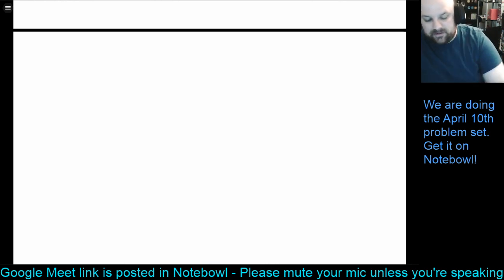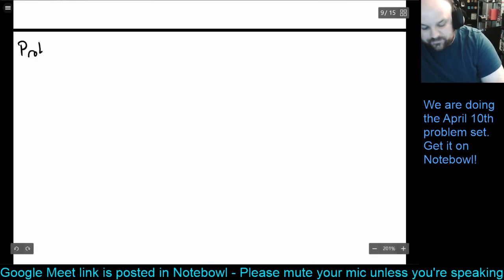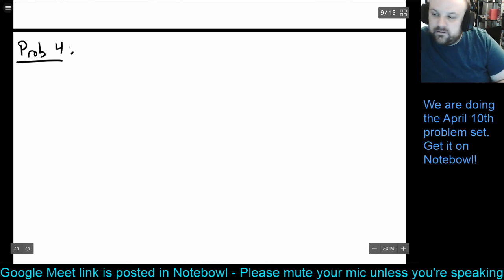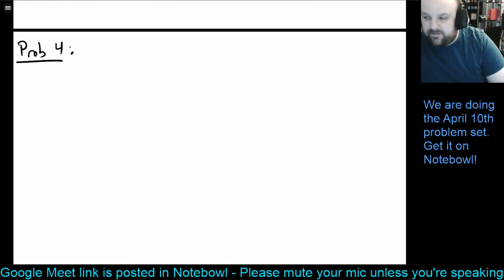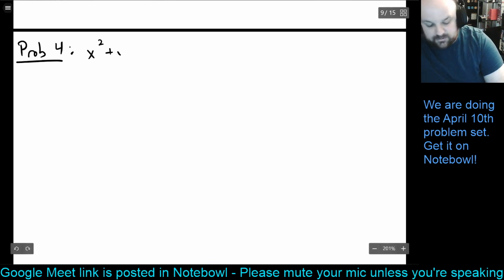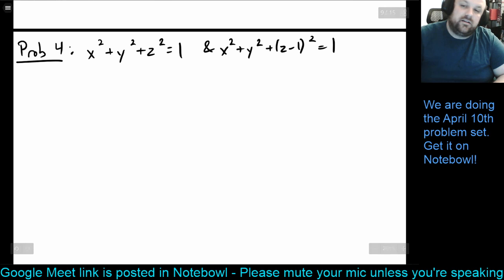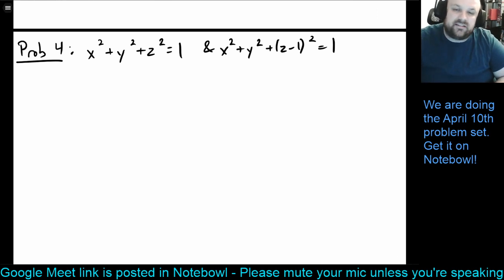Instead, what I want to do here is an example where we find the volume inside these two spheres. x squared plus y squared plus z squared equals 1. And x squared plus y squared plus (z minus 1) squared equals 1. So I want the volume that's stuck between these two spheres.